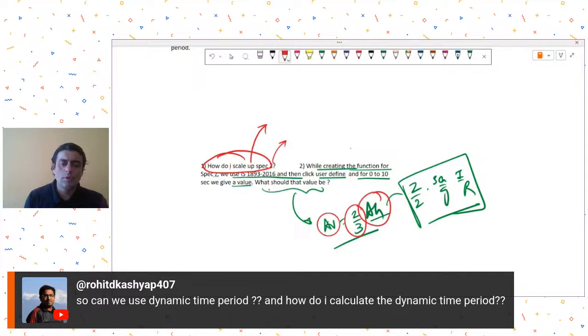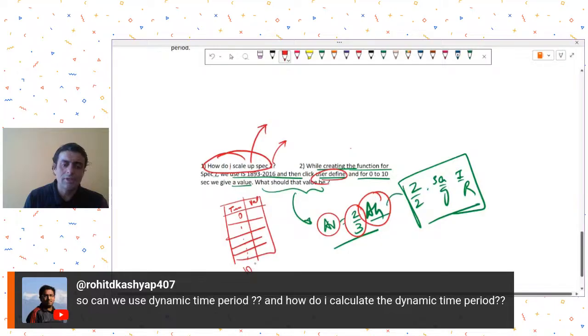When you are defining that table in ETABS, and defining the user defined response spectrum, you give values for time periods. Define from 0 to 1, and go up till 6, 7, 8, 9, 10 seconds. Give the same value of AV everywhere, which will be equal to two-thirds of AH. Keep putting the same value corresponding to all the time periods, and define up till the long time period TL value.